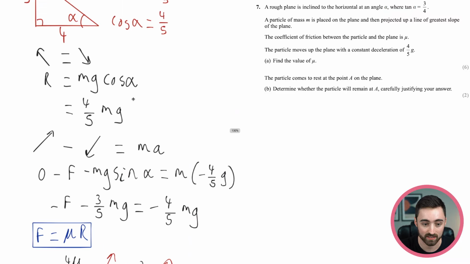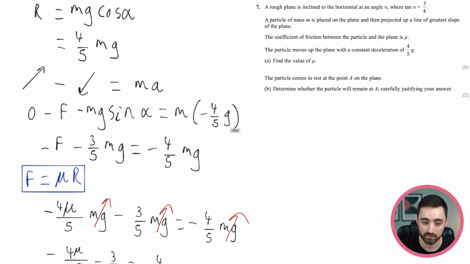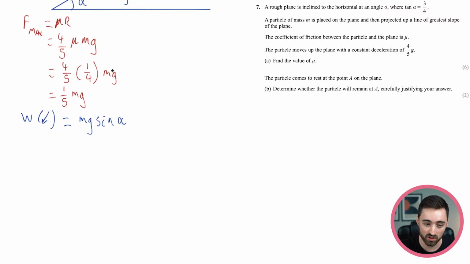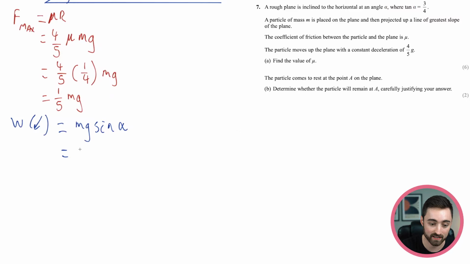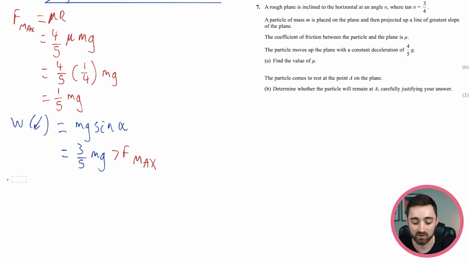We said sine alpha was equal to 3 over 5, meaning that the force on the particle going down the plane is 3 over 5 mg, which is greater than F max. Therefore, the particle will fall down. So, component of weight going down the plane is greater than the max friction, so particle will fall down.